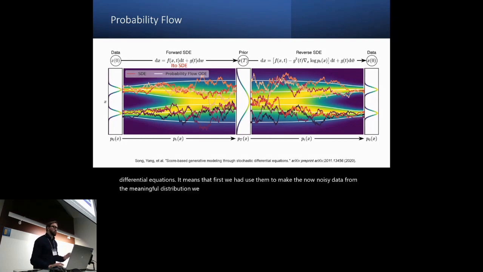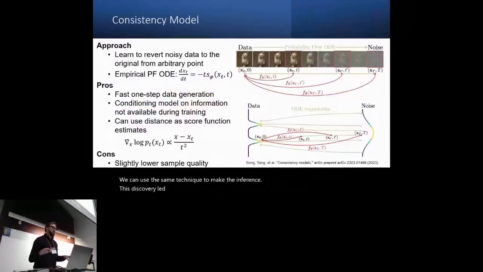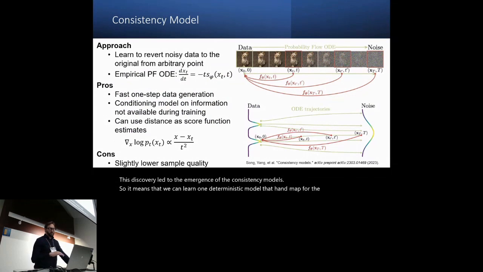We can map it to the Gaussian noise, and we can use the same technique for inference. This discovery led to the emergence of the consistency models. So it means that we can learn one deterministic model that can map the object from any trajectory point of the probability flow ODE back to the original data distribution.